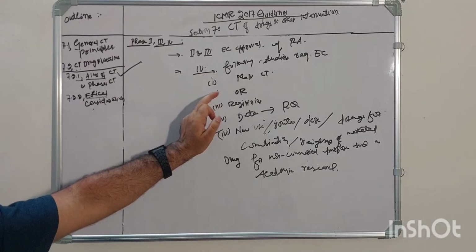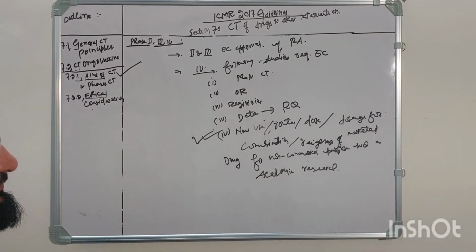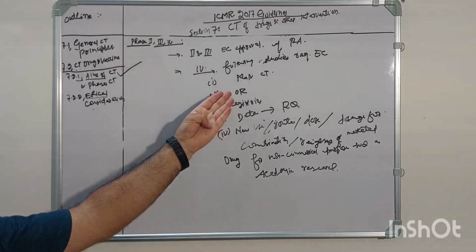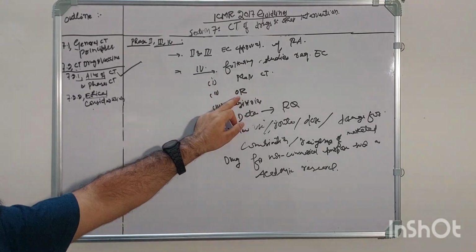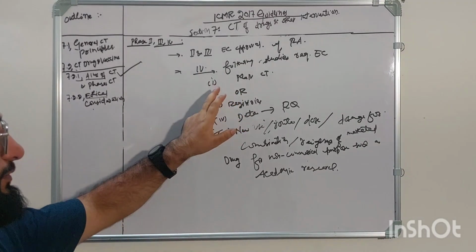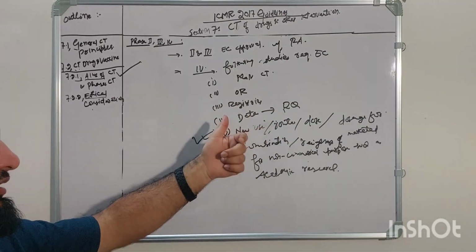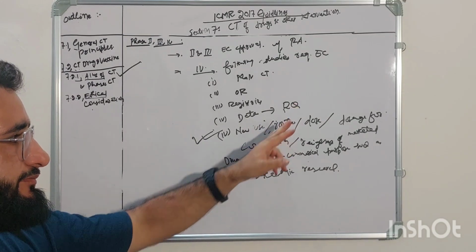I don't understand why they have written this, and what the actual thing is they want to specify here. The third point is outcome research, registries, and data which answer any research question.